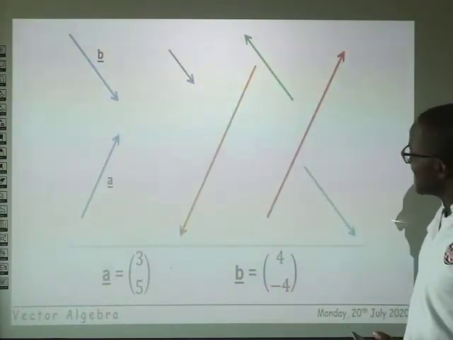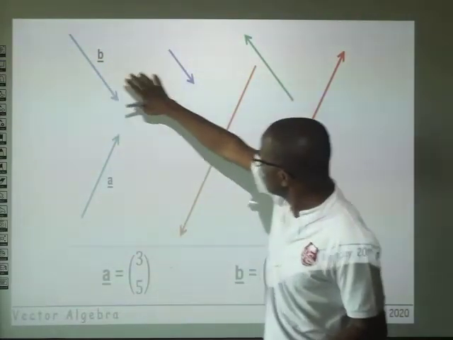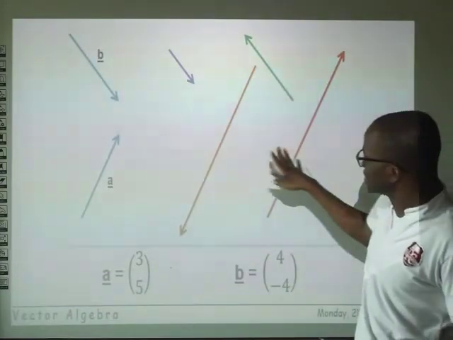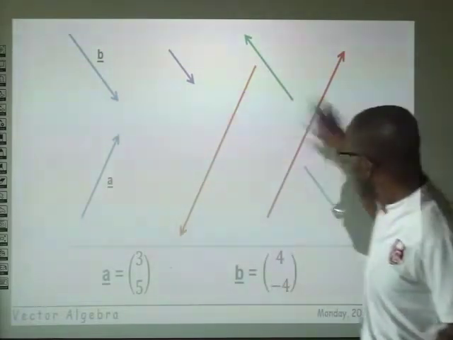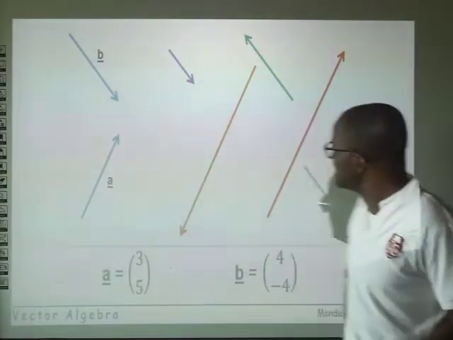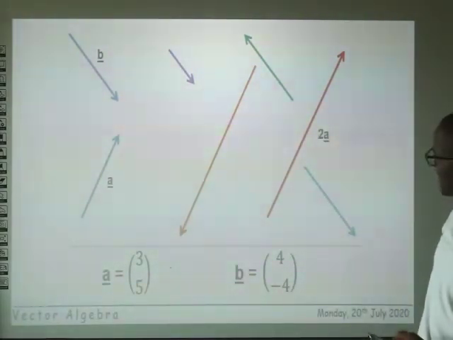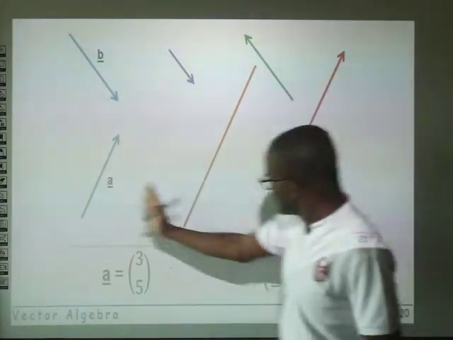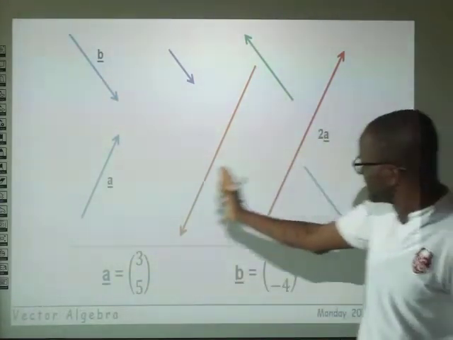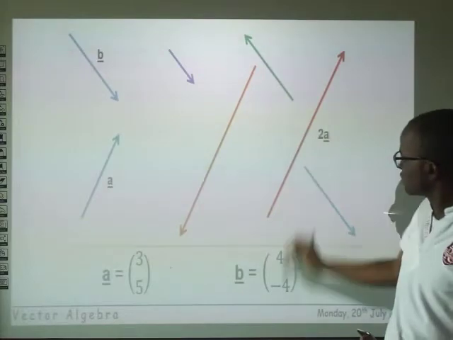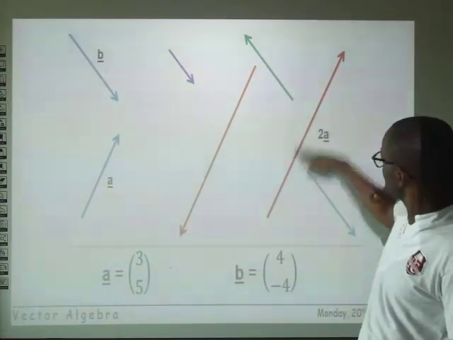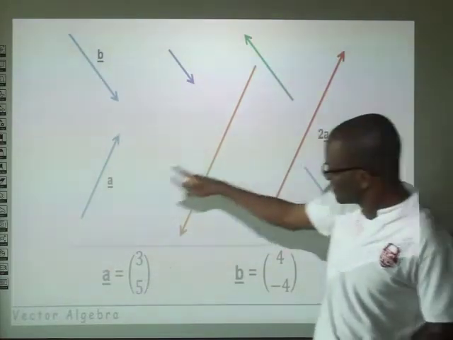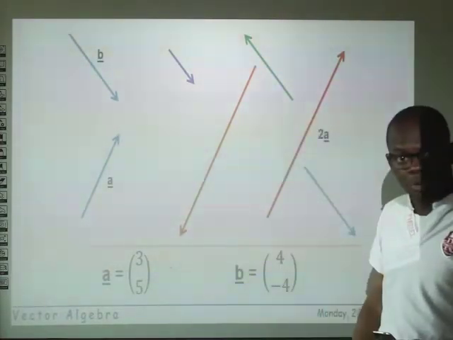Okay. So now let's see how these other arrows compare with A and B. How can you write these other arrows in terms of A and B? Okay. Let's see. Look at this. This is A. That's 2A. You can see clearly they're both pointing in the same direction. And when you look closely, the red arrow is actually twice the length of the blue arrow.